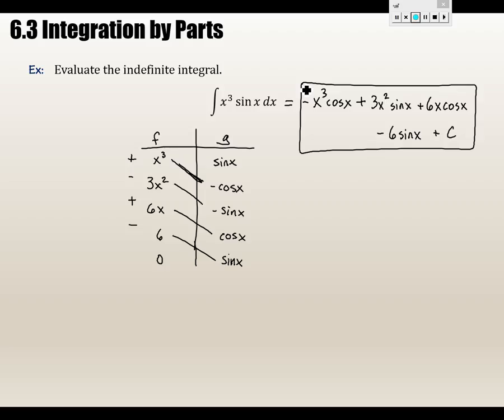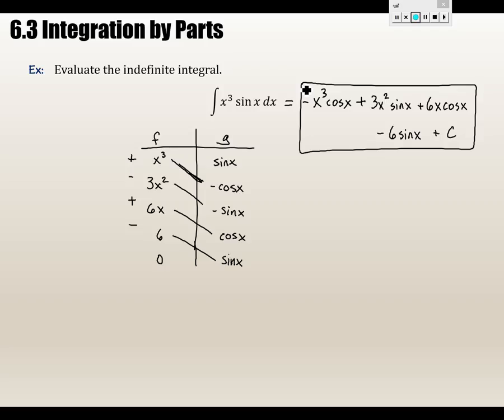Even though that looks terrible, it's actually not that bad to check this real quick, is it? Like we talked about yesterday, let's do it. Take the derivative of this, you'll get x cubed sine x, yes? Except, what else spits out? Oh yeah, a negative 3x squared cosine x, which is perfect because when we take the derivative of this, we get 3x squared cosine x and it cancels out with that.